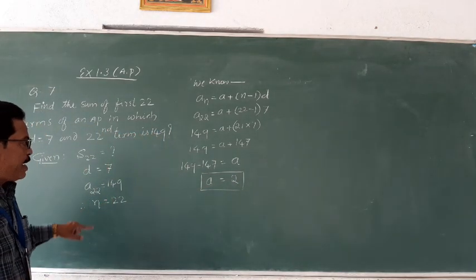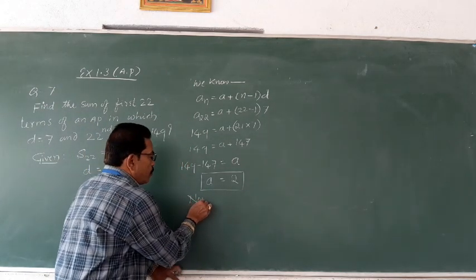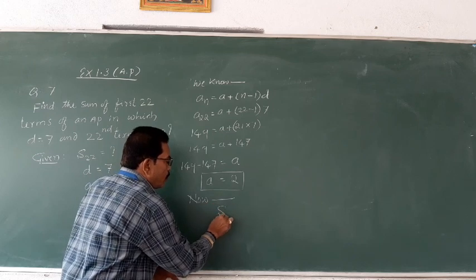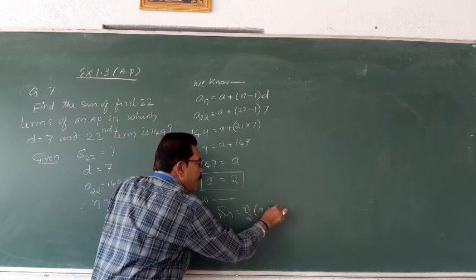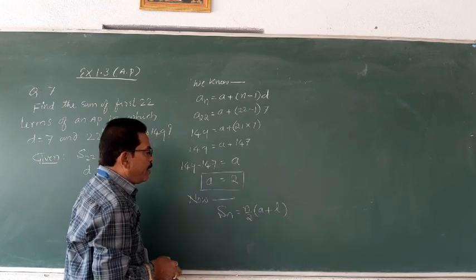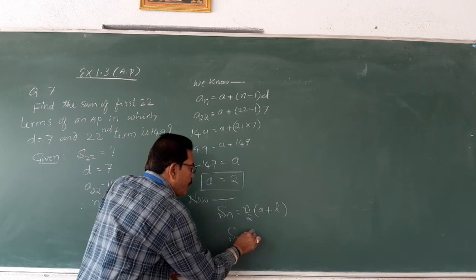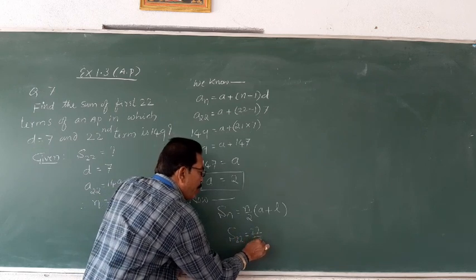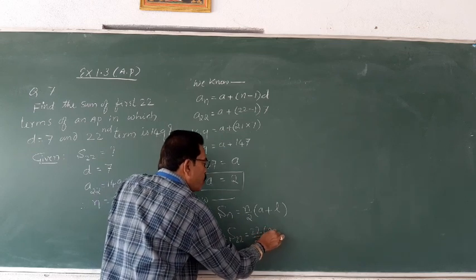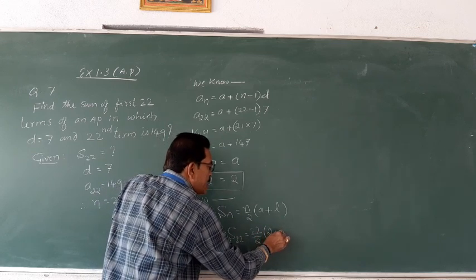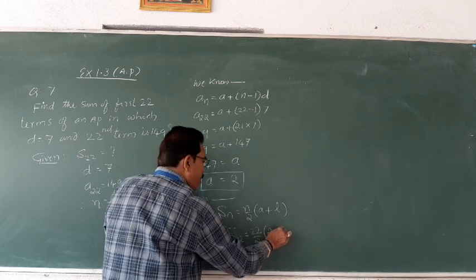Next we have to find Sn. Sn equals n by 2 in the big bracket, a plus l. Yes, n is 22. n by 2, 22 by 2, a, that is 2, plus l, that is last term a22, that is 149.